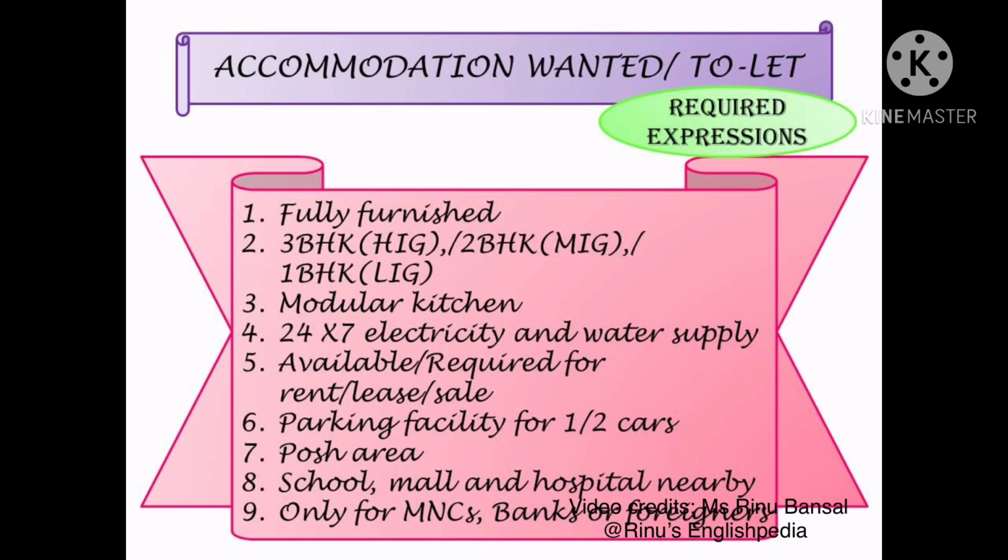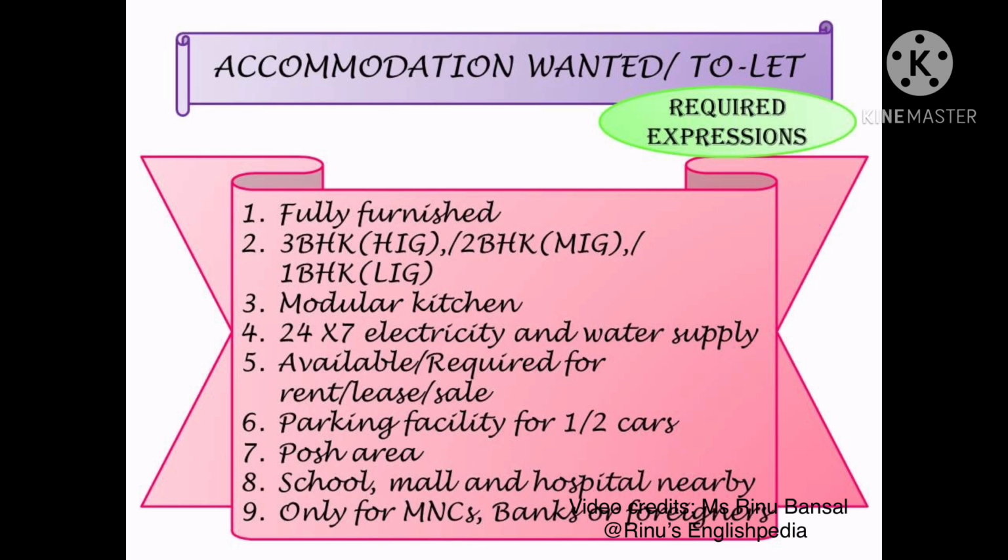You should also state very clearly whether the flat is available for rent, whether it is required for rent or lease, or for sale. When you're talking about parking facilities, please remember for 3 BHK at least parking facility for 2 cars should be given, but for 2 BHK or 1 BHK only 1 car facility should be given.